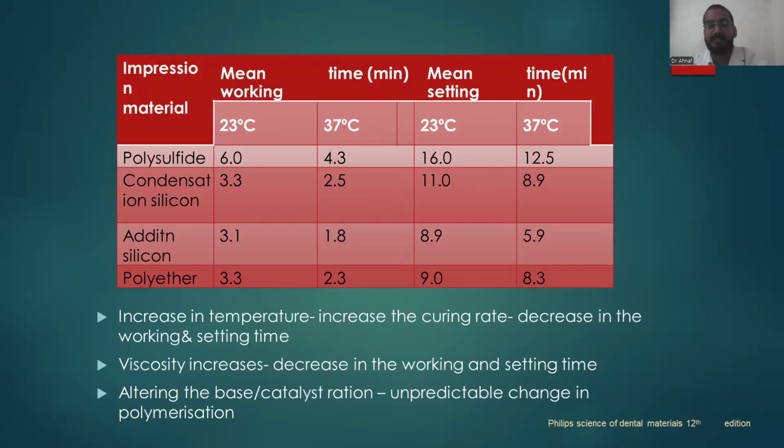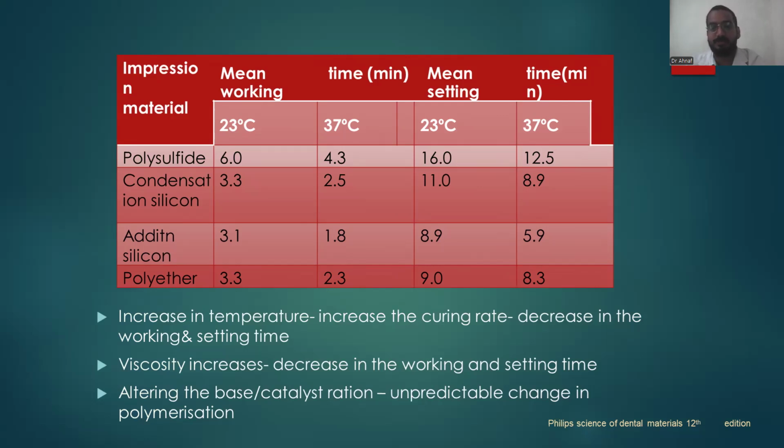Let's see the mean working time and mean setting time of the different impression materials: polysulfide, condensation silicone, addition silicone, and polyether, at 23 degrees Celsius and 37 degrees Celsius. If you compare all the elastomeric impression materials, the mean working time is least for addition silicone, at 23 and 37 degrees it is 3.1 and 1.8.